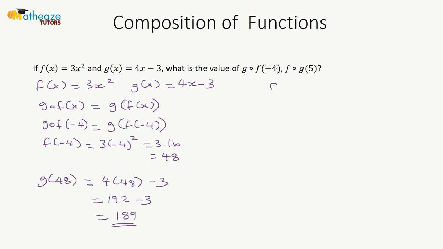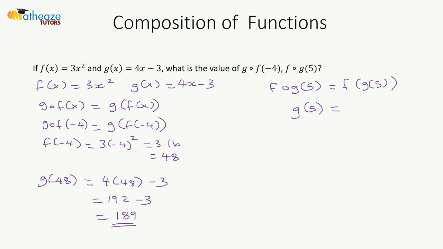What about f o g of 5? This is going to give us f of g of 5. So what this means is that we're going to look for g of 5 first, and then our result is going to be an input to f of x.